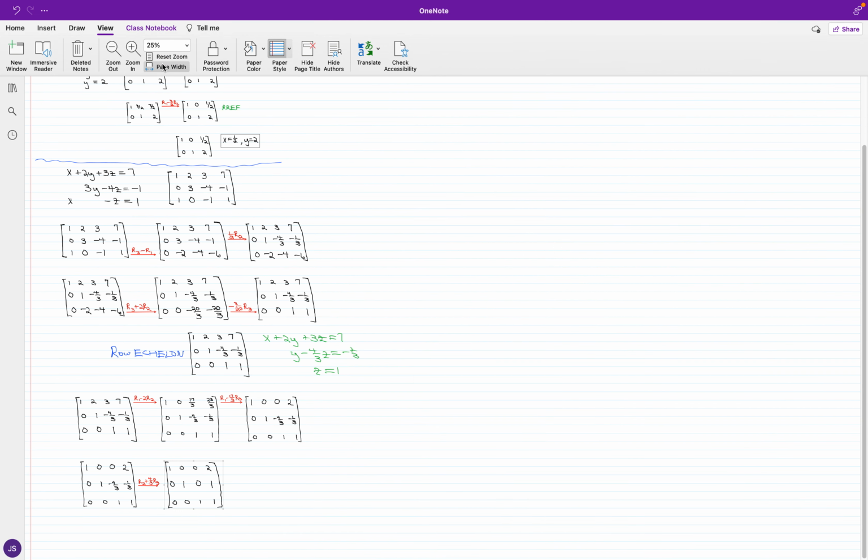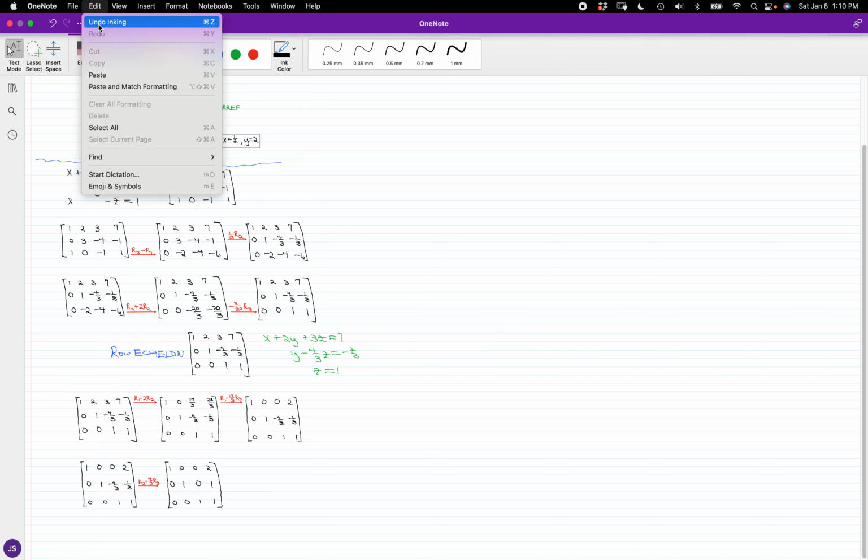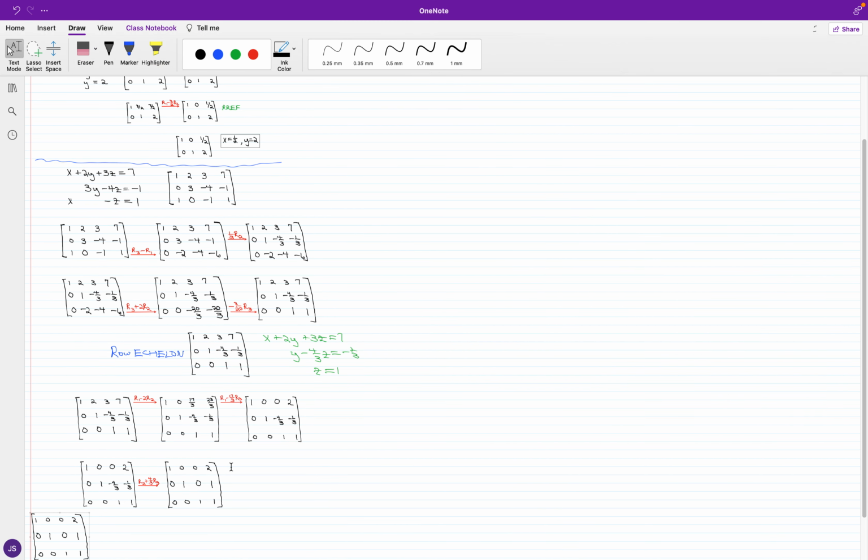And so for the overall picture, this is the system of equations we were dealing with. I'm just going to put this in a rather large display. This portion here is going to be the reduced row echelon form.